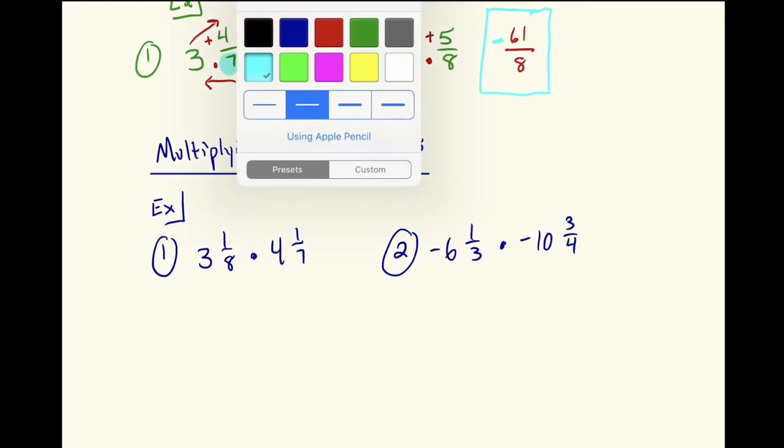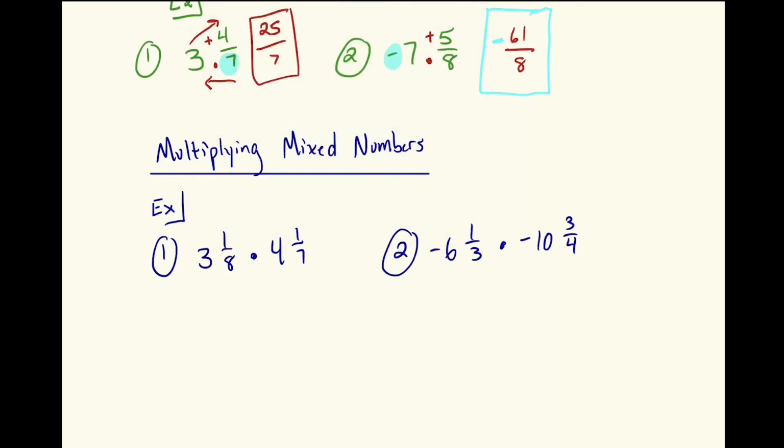So for our first example, we know that we can convert mixed numbers by multiplying and adding. So our first one is 8 times 3, which is 24. Add 1 to get 25. So that's going to be 25 over 8. We do the same thing here. 7 times 4 is 28, plus 1 is 29, and that is going to be over 7.